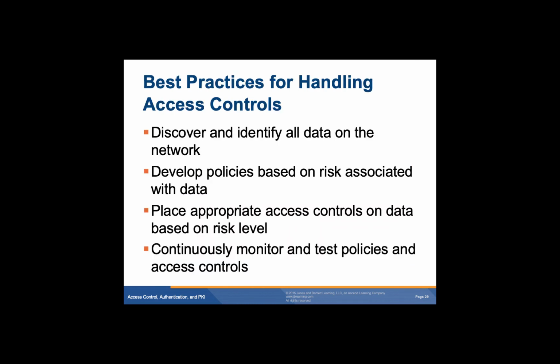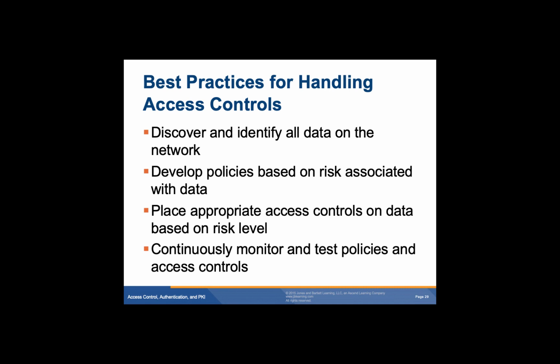Best practices include discovery and identification of all data on the network. The development of policies based on risk associated with the data is one thing that needs to be really focused on. The placement of appropriate access controls on data based on risk levels. We already talked about risk levels of data.